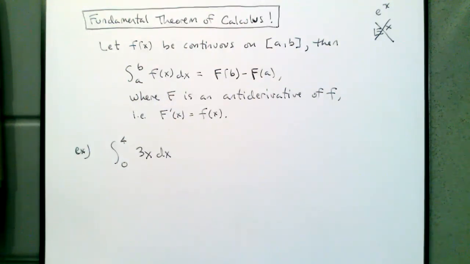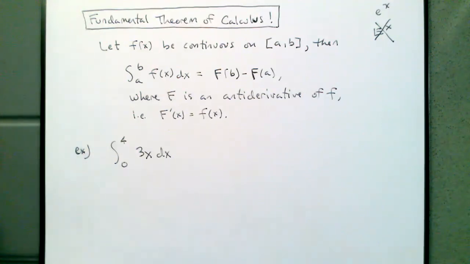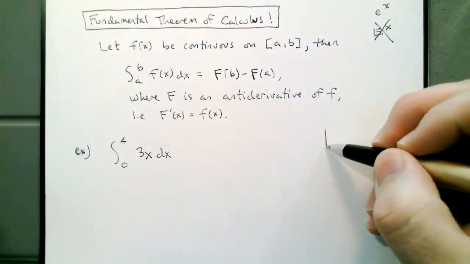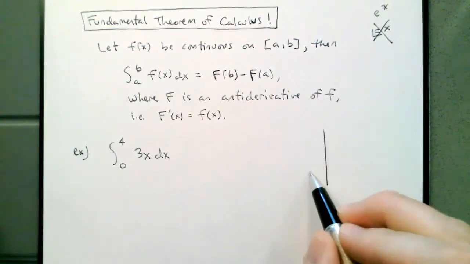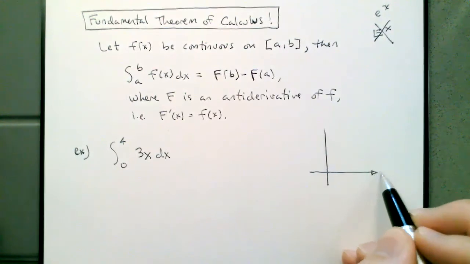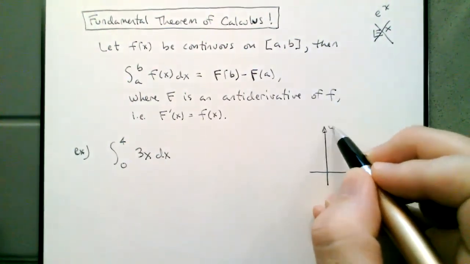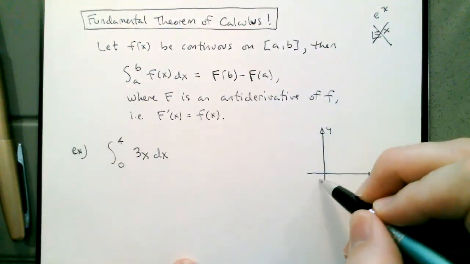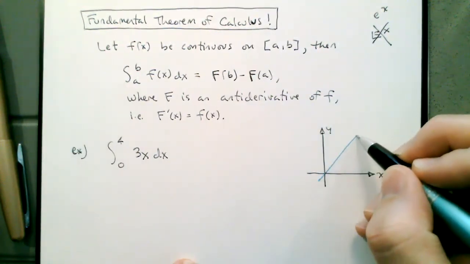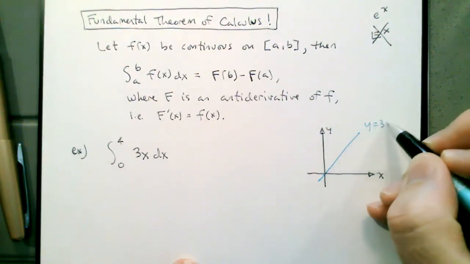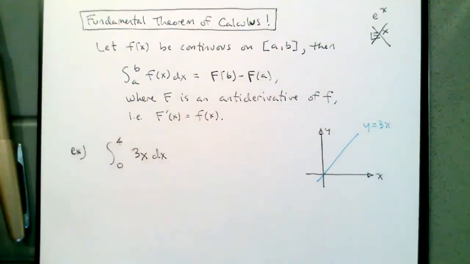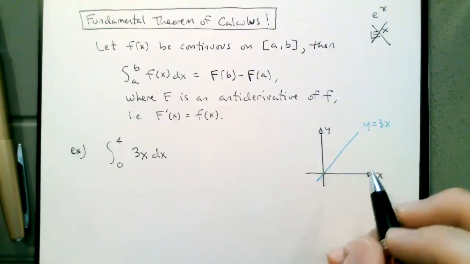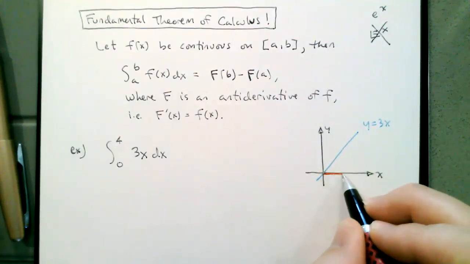So we want the definite integral from 0 to 4 of 3x dx. The function is just 3x, so I'll draw a picture of 3x. That's just going to be a line. And we want the area under the curve y equals 3x and above the interval from 0 to 4 on the x-axis.